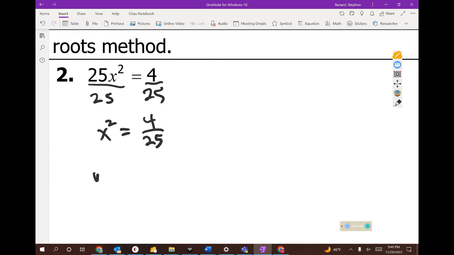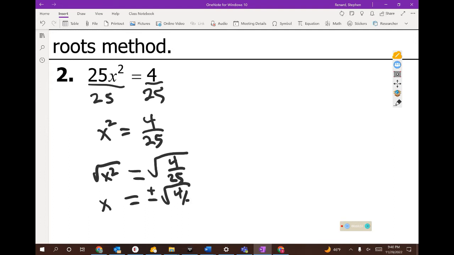So what we're going to do is take the square root of x squared. Now if we do it to one side, we do it to the other. So if we square root one side, we have to do the same mathematical operation to the other. So this is going to give us x equals plus or minus the square root of 4 over 25.